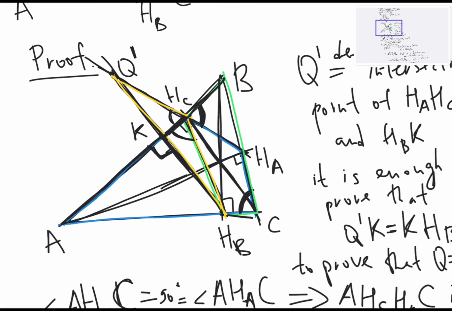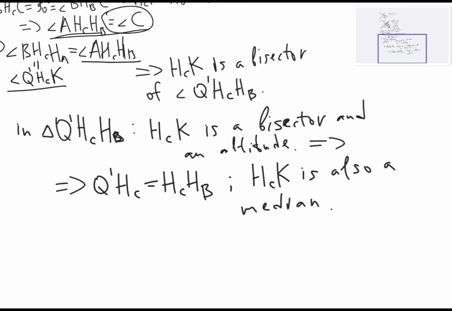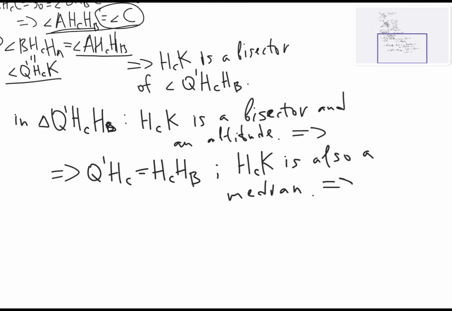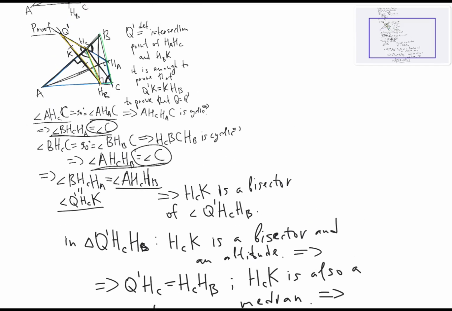So HCK is a median, which means that these two segments are equal to each other. So Q prime K is equal to KHB. Now this is actually what we needed to prove.